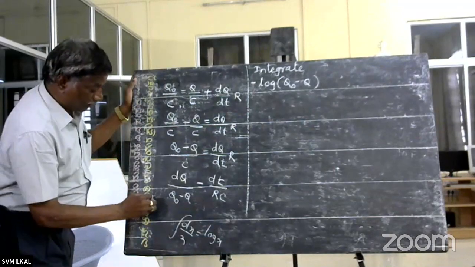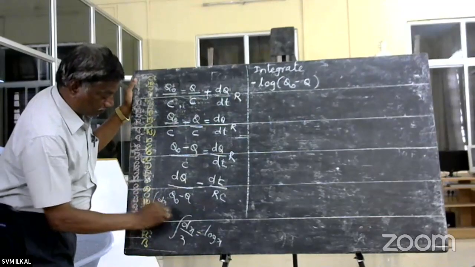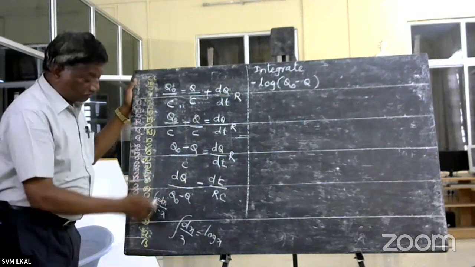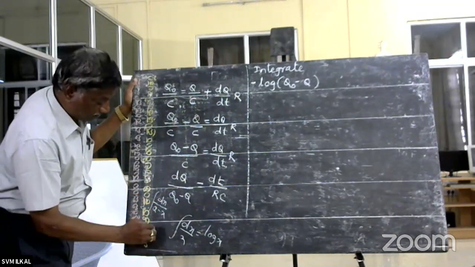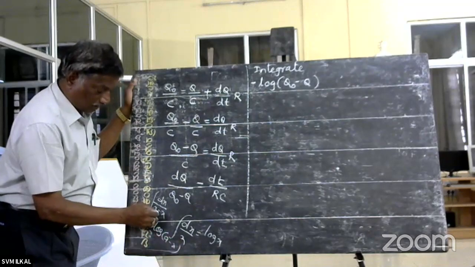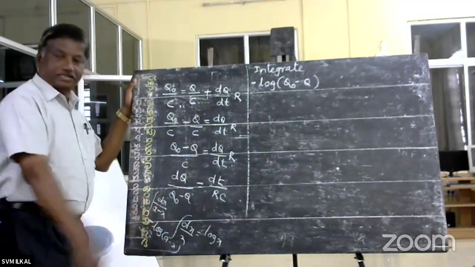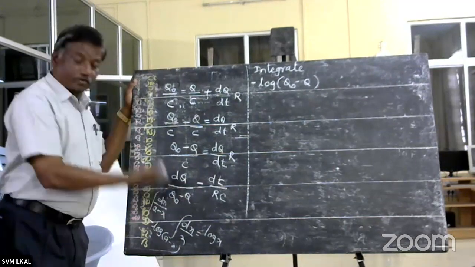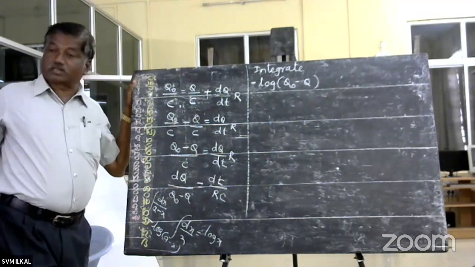Or integration of dx divided by a minus x, where a is a constant, is minus log of a minus x. As a minus x is there, you take the minus sign here, as there is a minus Q. Q is a variable, Q naught is a constant, because Q naught is the maximum charge.